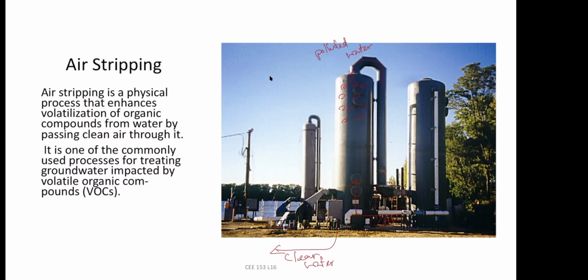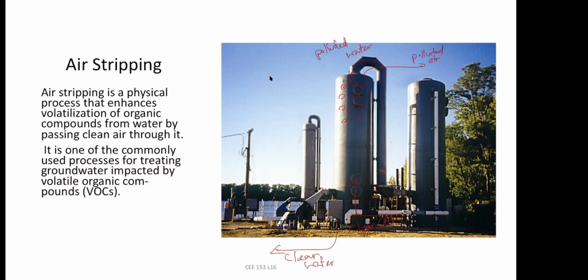This is clean air, and then you also have a collection system for polluted air. You take that polluted air and pass it through activated carbon or any kind of adsorption system, which can actually strip that polluted gas.